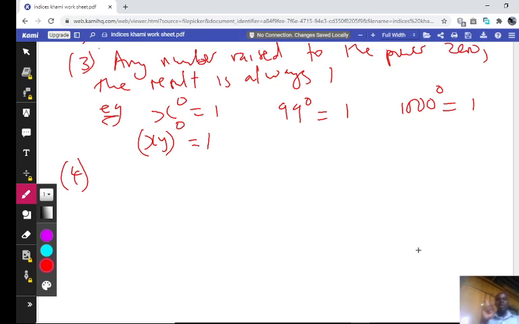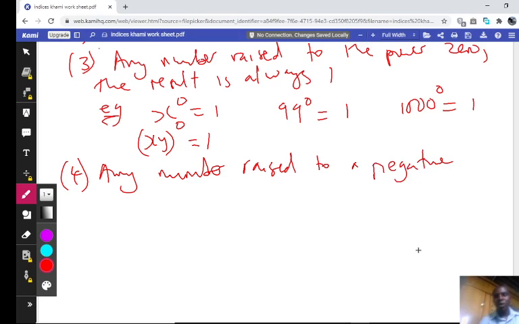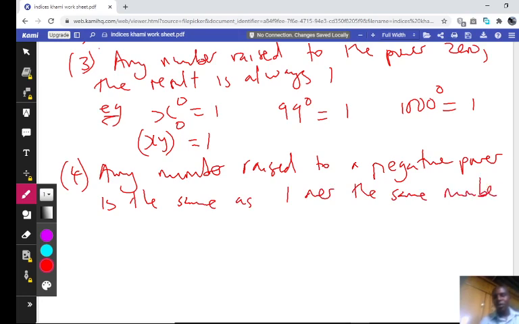Let me write it down: any number raised to a negative power, which means the power is minus, is the same as 1 over the same number when raised to a positive power. Right?